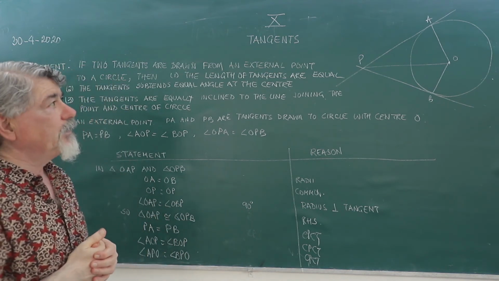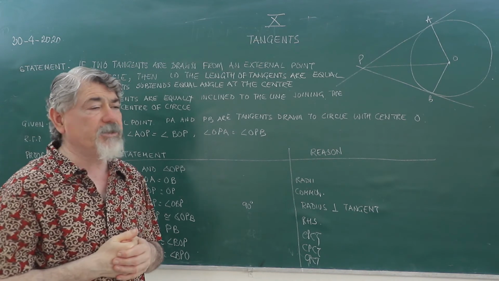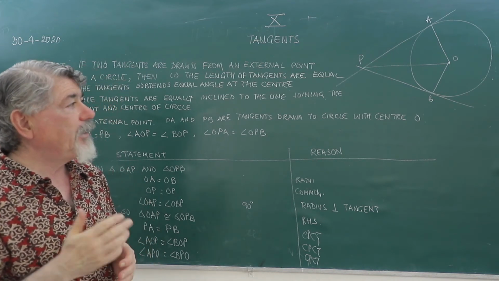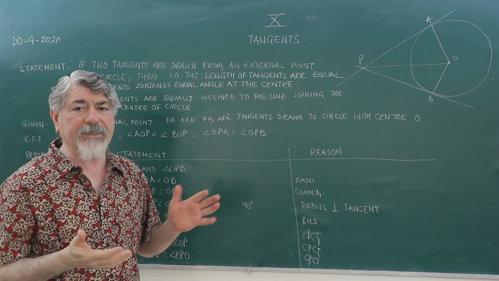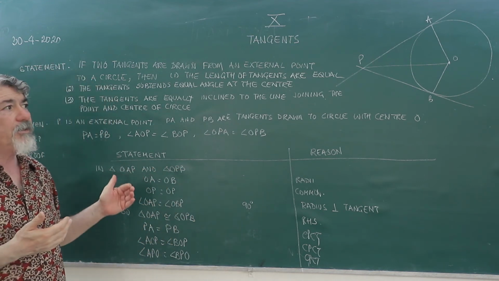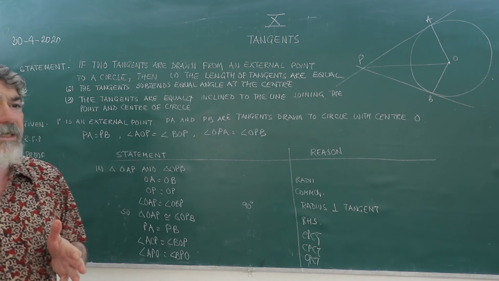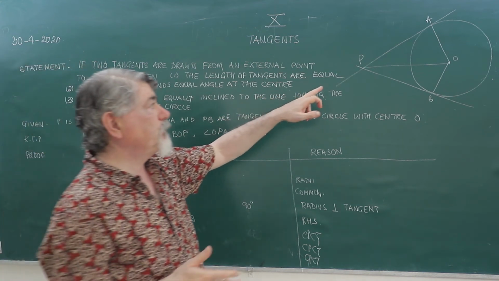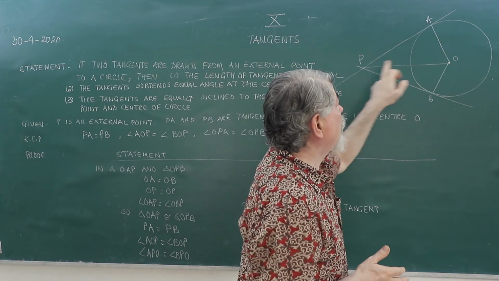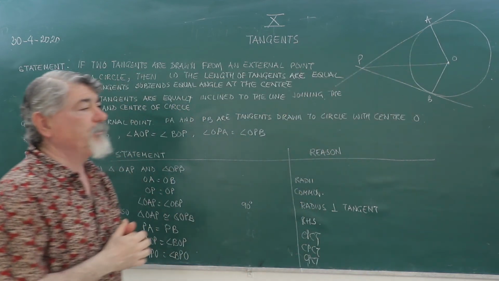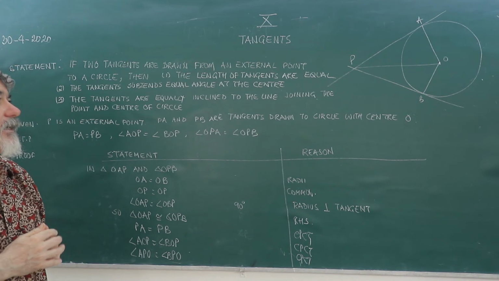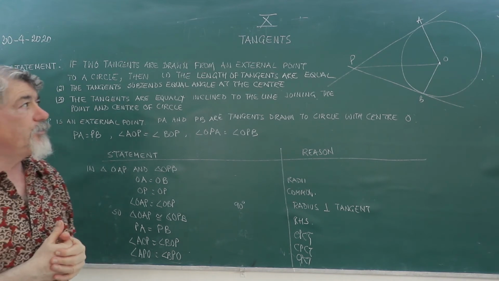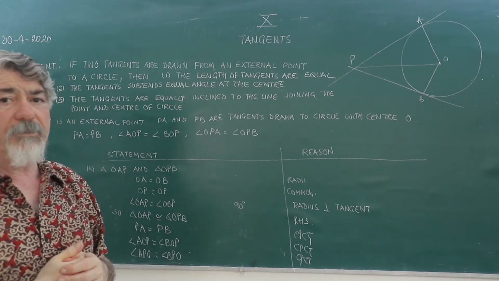For proving, we will take triangle OPA and triangle OPB, and we will prove the triangles to be congruent. How are we going to do it? You can see OA is equal to OB.